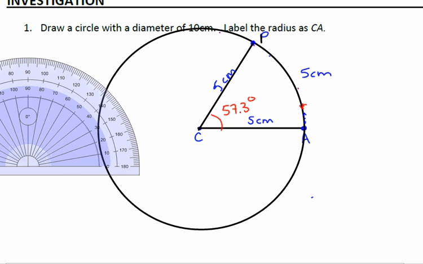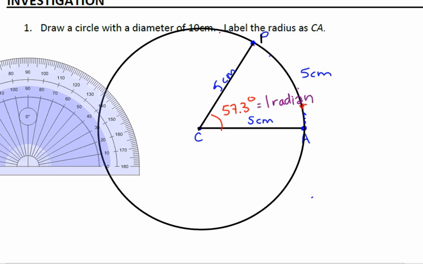Okay, so are you ready for why we just did this? Well, let me tell you why. This is equal to 1 radian. Okay, so 57.3 degrees is approximately equal to 1 radian. And so a radian is another way we measure angles.